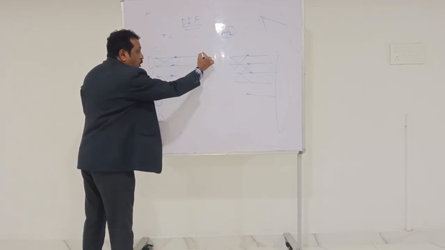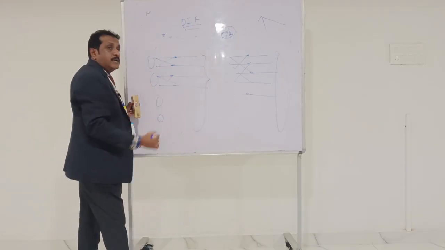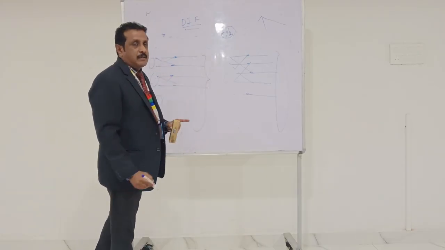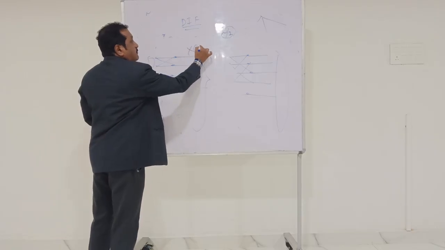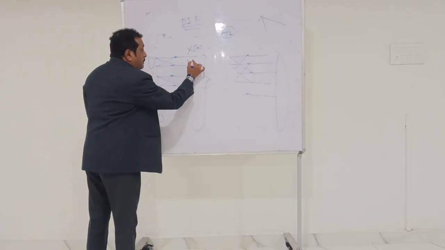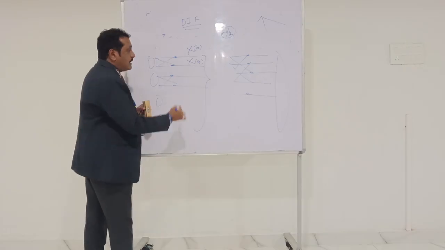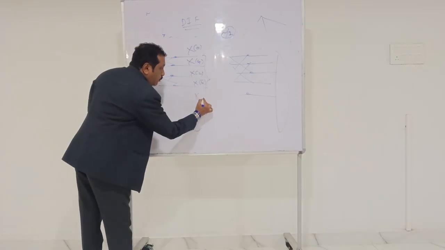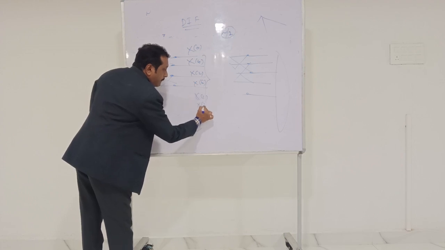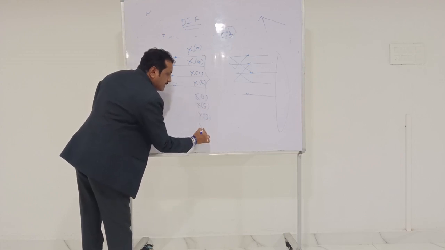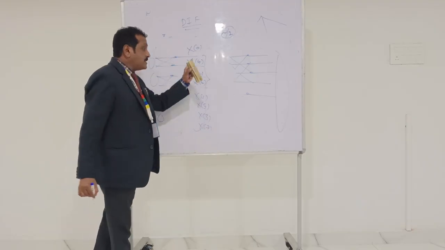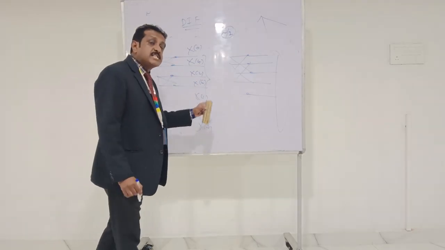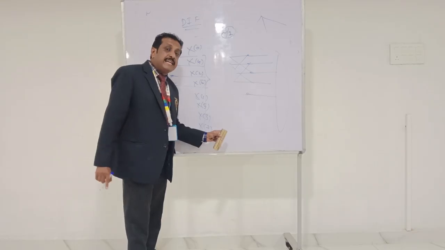Whatever final output you are getting from the third stage, that order is bit reversed order. The first output is capital X of 0, second output is capital X of 4, third is 2, 6 and 1, 5, 3, 7. This is the order which we received from the third stage of DIF.